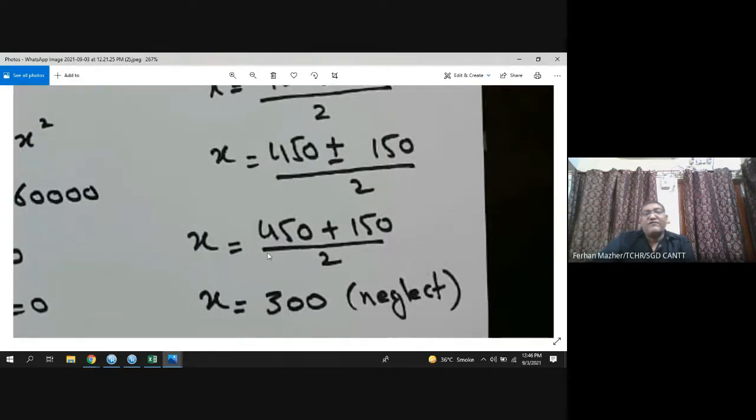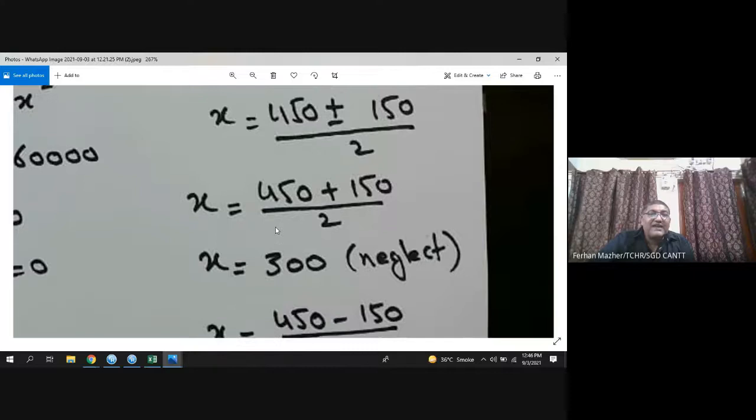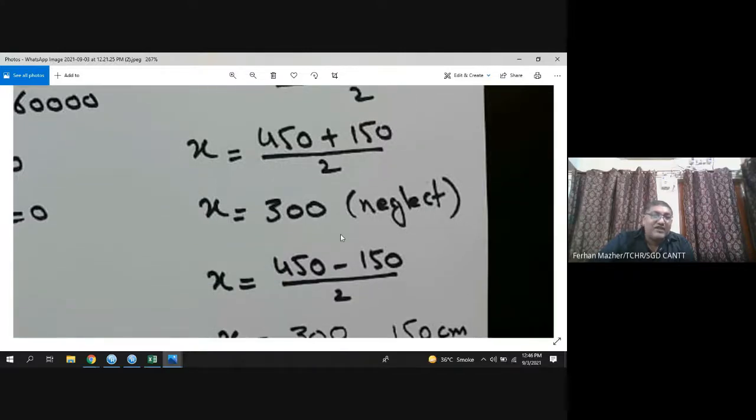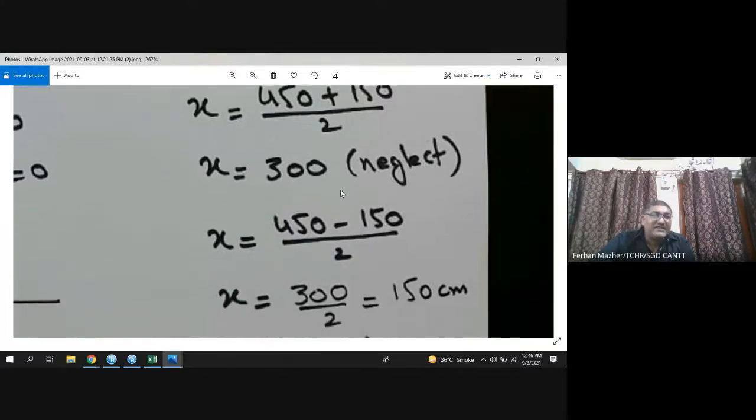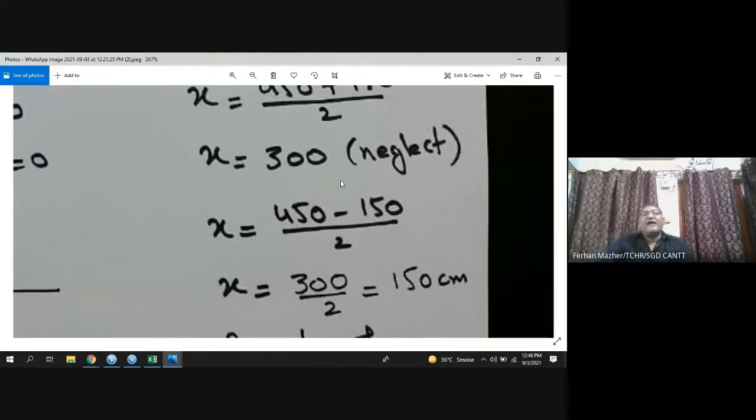So 450 plus minus 150 divided by 2. Now I will make two cases. In one case, I will add: 450 plus 150 divided by 2 gives me 300. And the other case will be 450 minus 150 divided by 2, and that gives me 150.